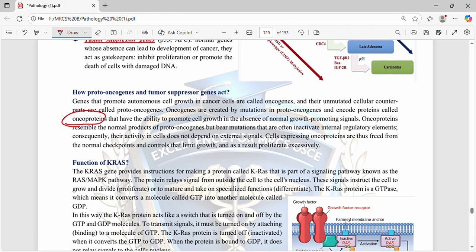Oncoproteins resemble the normal products of the proto-oncogenes, but bear mutations that often inactivate internal regulatory elements. Consequently, their activity in the cells does not depend on external signals.